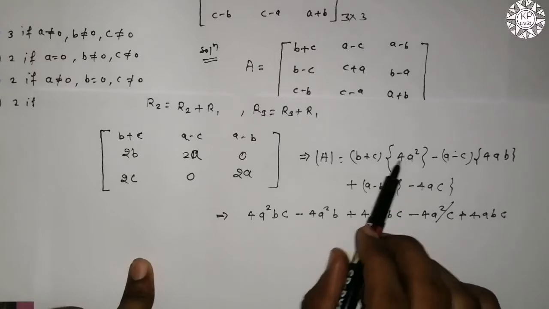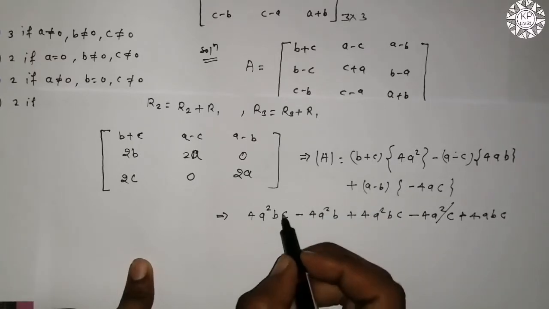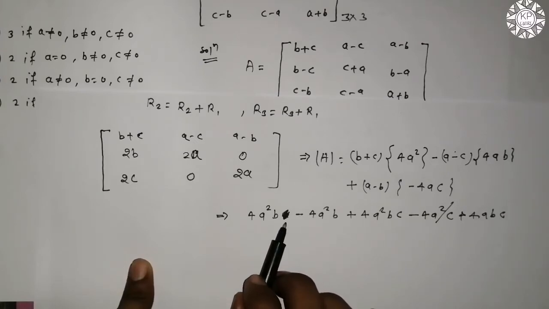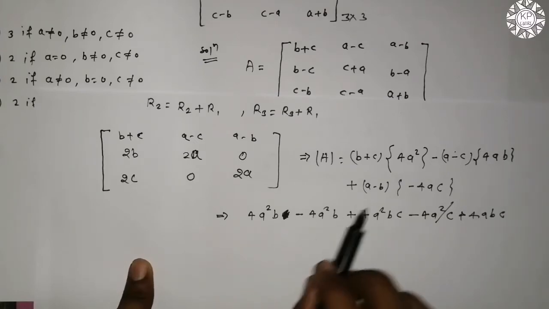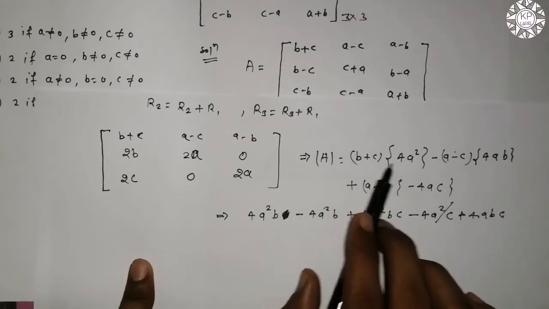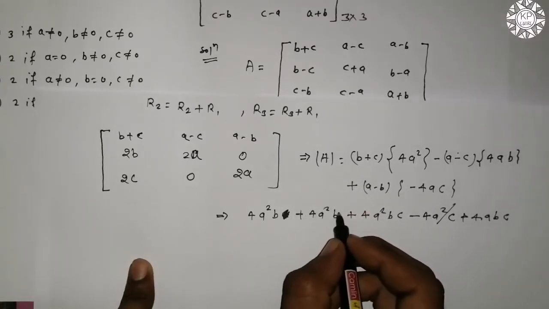One second, let me check again. Sorry, there is some mistake here. It is 4a square b plus 4a square c plus 4a square c.